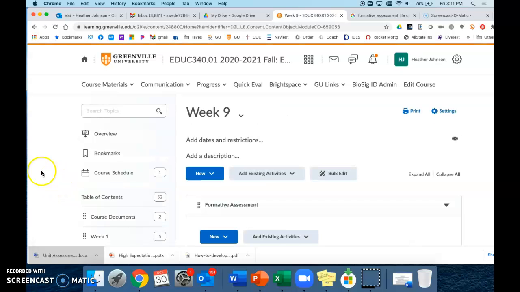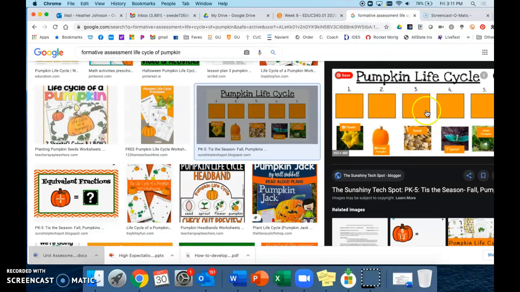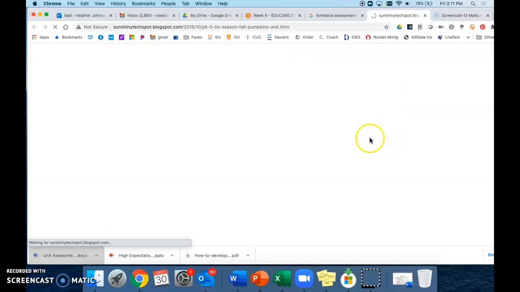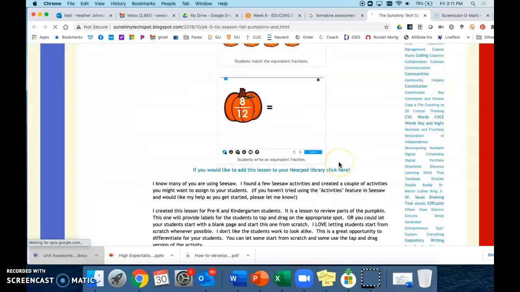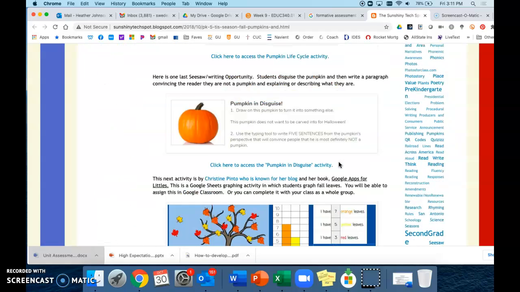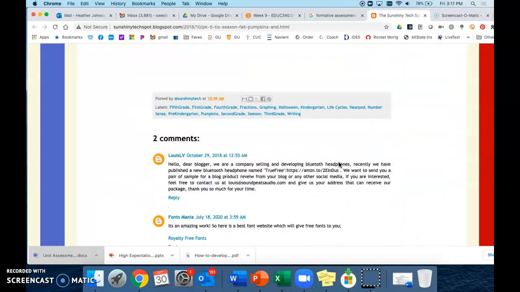So those are some examples, and there's a couple other ones I think maybe in week 9. You can look for some other tools, especially if you want to save the cutting them out and gluing them in the correct spot. Kind of like something like this one. Let's see if it'll pull up here. It went away.